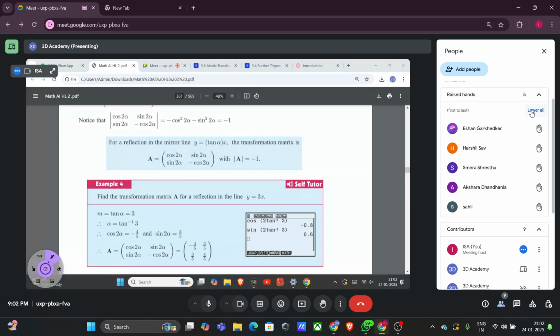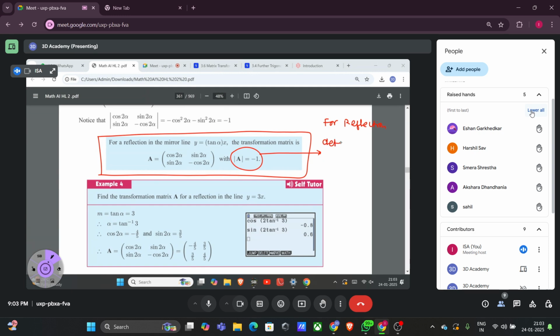So everyone just write this down in your notes, and write one more sentence after it: the determinant of the transformation matrix is -1 for reflection.